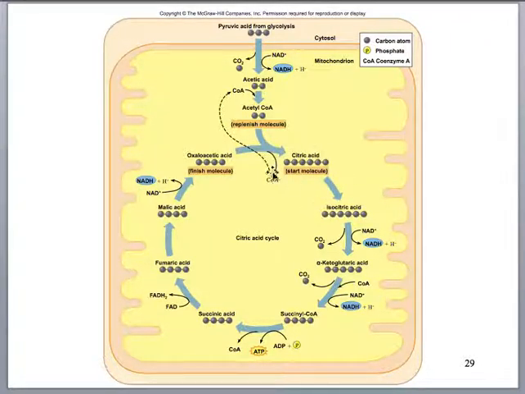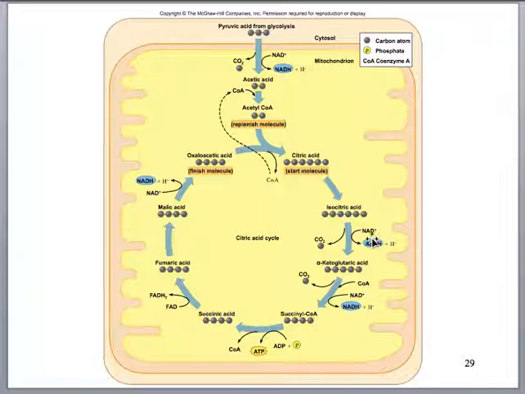That's why this is called the citric acid cycle: the very first product of the cycle is a molecule called citric acid, okay? This will then go through a series of steps within this cycle. And I want to point out, big picture, what are we getting from this citric acid cycle?